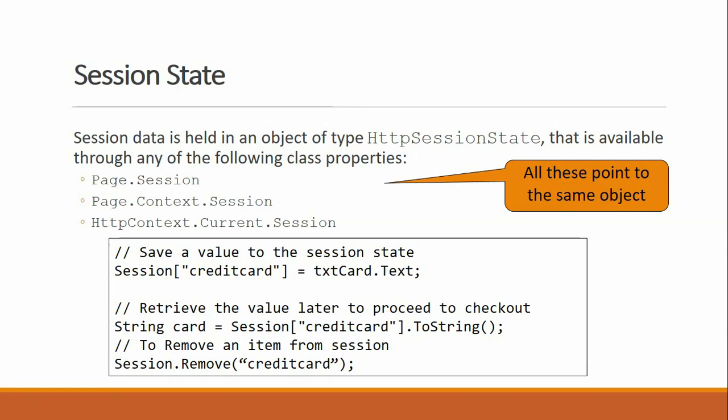There are two types of data types available in C#. I told you this earlier: value type and reference type. When you convert from a value type to a reference type, to object, all right. So in this case, Session is an object of a particular class.